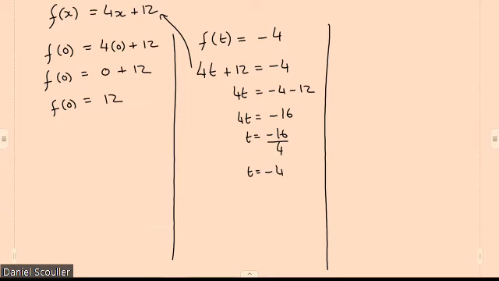So they might just ask it in a slightly different way. They'll give you the function f(x) equals 4x plus 12. f(p) equal to 10. Then it will ask you to work that out. So it'd be 4p plus 12 equals 10.